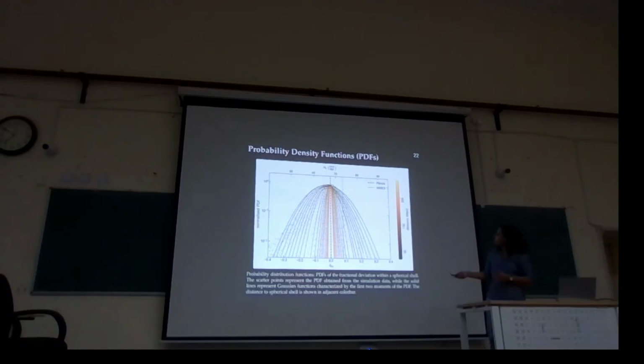As your distance increases this way, your PDFs get narrower. This is expected because as you go to distant objects, the expansion velocity is going to dominate over the local motions. So that's why you see this narrowing.